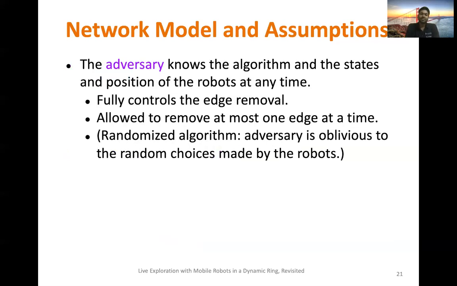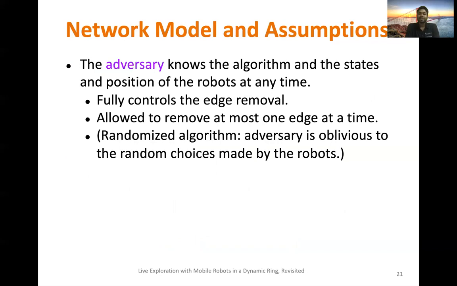Now, the adversary knows the complete algorithm, because the algorithm is deterministic, and also the states and positions of the robots at any time. With this knowledge, it has complete control over the edge removal. It can choose which edge to remove, but it is allowed to remove at most 1 edge at a time.